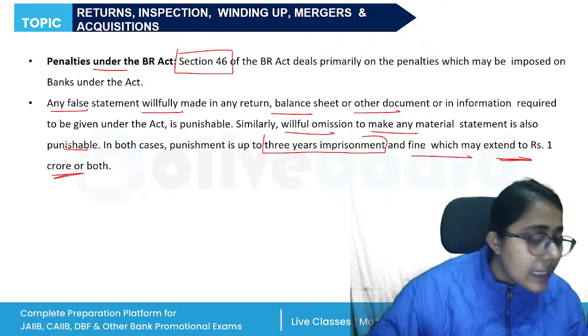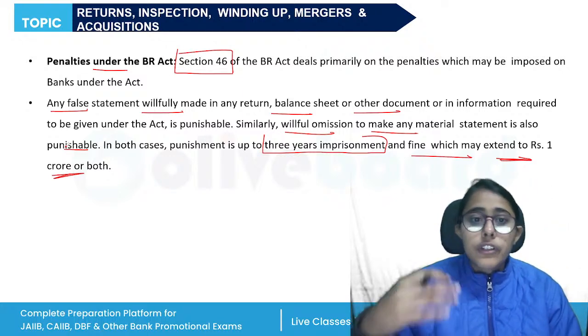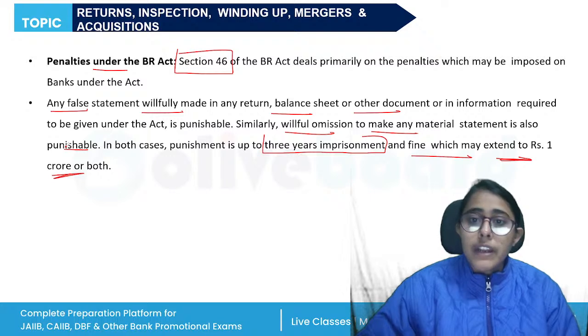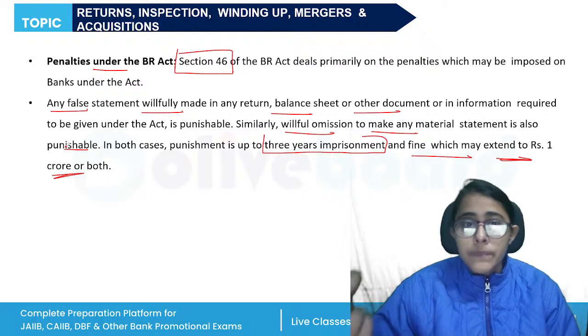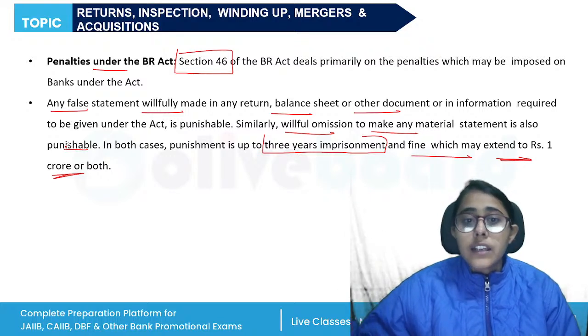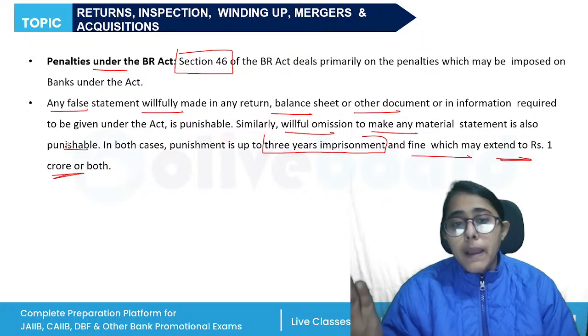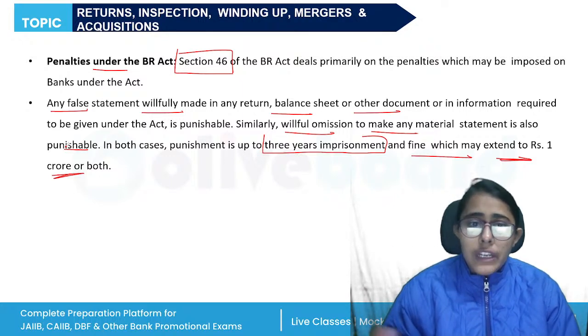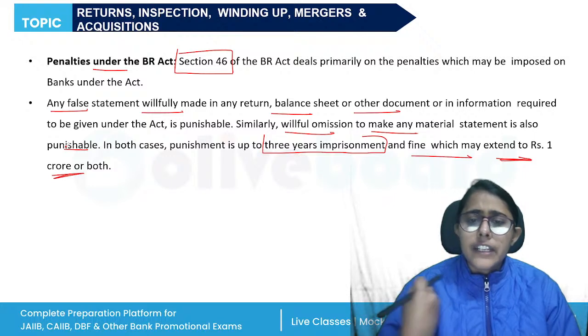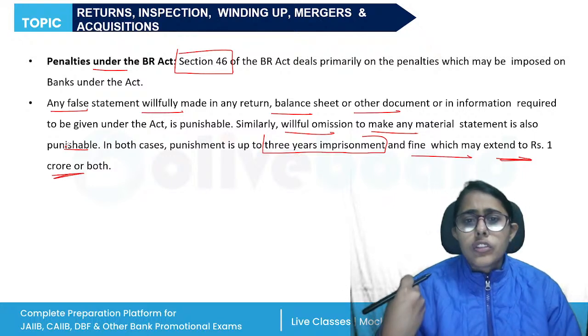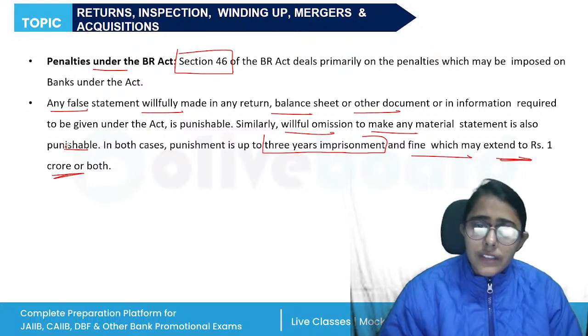Both fine and imprisonment can be given. So if the person fails to produce any book or information or gives false information, if any deposits are received by the banking company in contravention of the Banking Regulation Act, or if any other provision, like complying with any requirement or carrying out the terms or obligations, right?